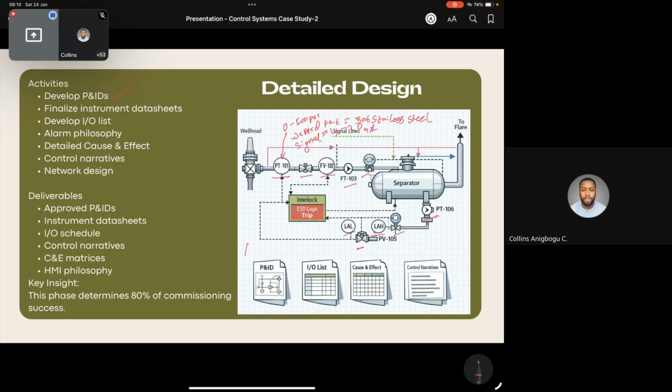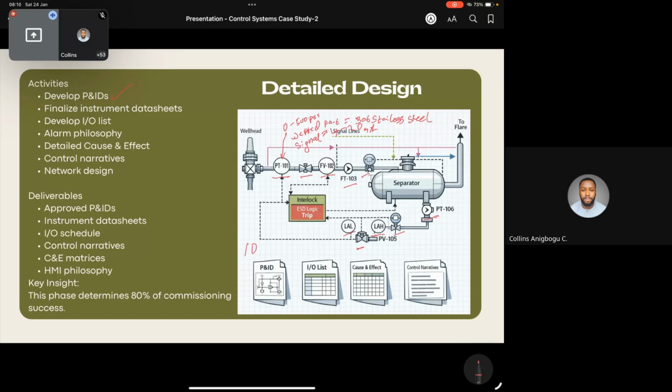So for all of these 10 instruments, you define their specific type, you define their configuration, you define how they are going to be installed, right? You define the kind of signal they are going to carry. You define the wetted part. The wetted part is the part of the sensor that gets exposed to the process.